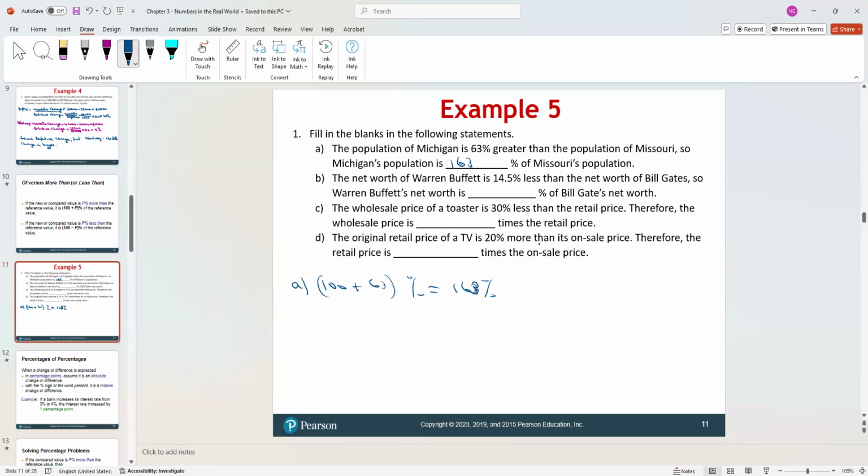That's what we said. So Warren Buffett's net worth is 85.5% of Bill Gates's, because for B we're going to do 100 minus 14.5. Okay, so that gives us 85.5%.